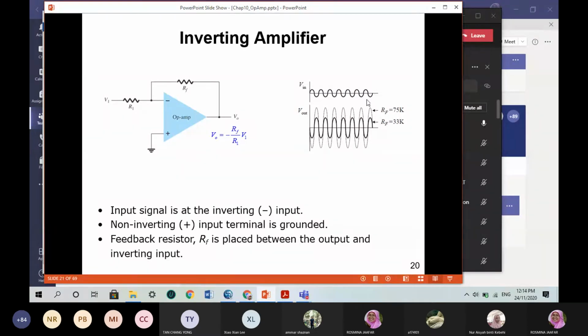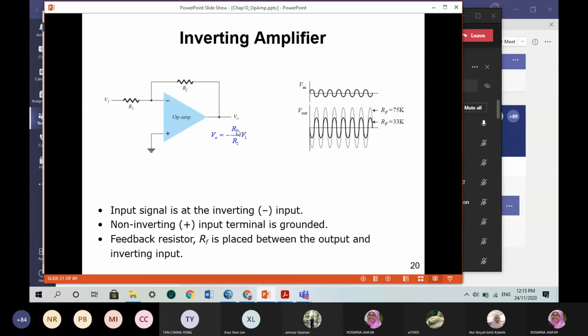And in terms of the shape of the signal, for example, if you have a few millivolts AC of the input, and if you apply a few different values of RF, you would have RF when your RF is 33 kilo ohms, compared to when you use RF 75 kilo ohms, because in the output equation, output is equal to the gain times the input.